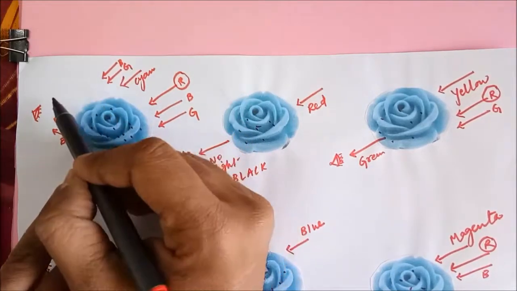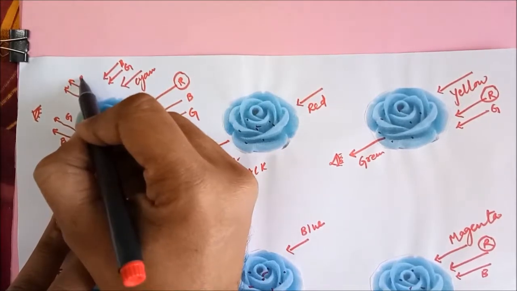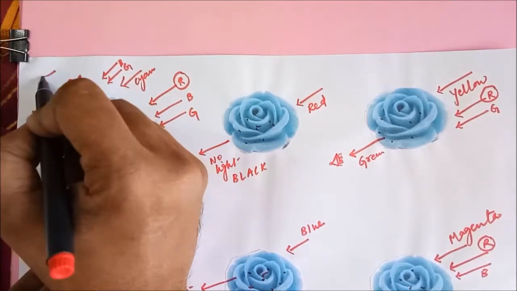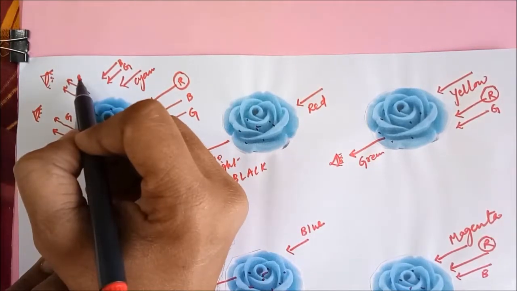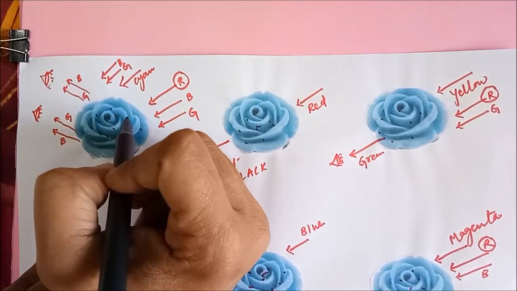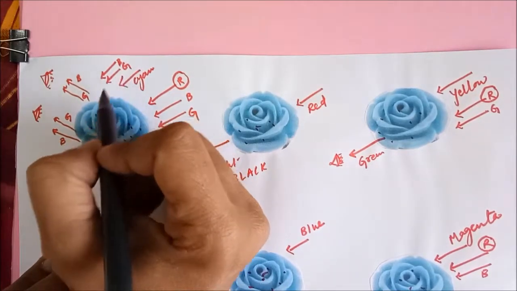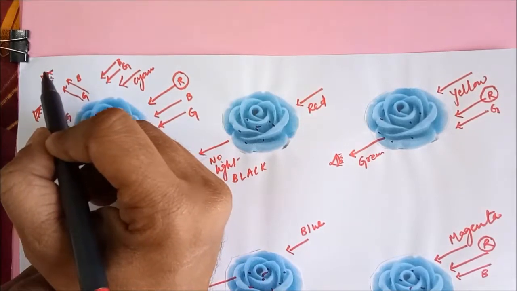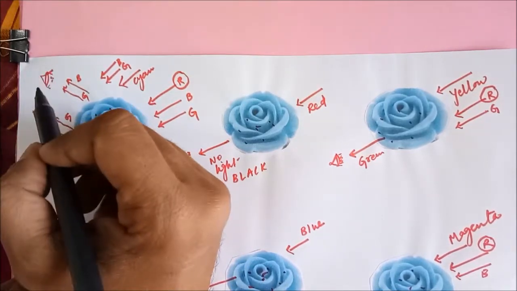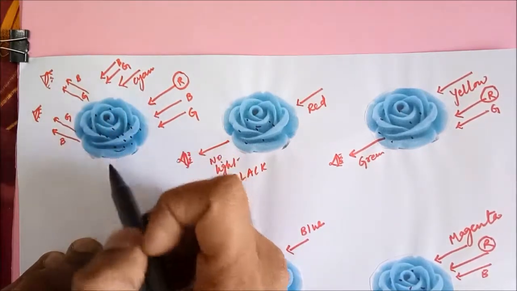So both of these lights are going to get reflected, and both of them are going to appear in the reflected light and finally reach our eye. So these two combinedly give the effect of cyan color. The cyan color is made up of blue and green. None of them are going to get absorbed. Both of them are going to get reflected and finally reach our eye. So we perceive the cyan rose as cyan in cyan light.